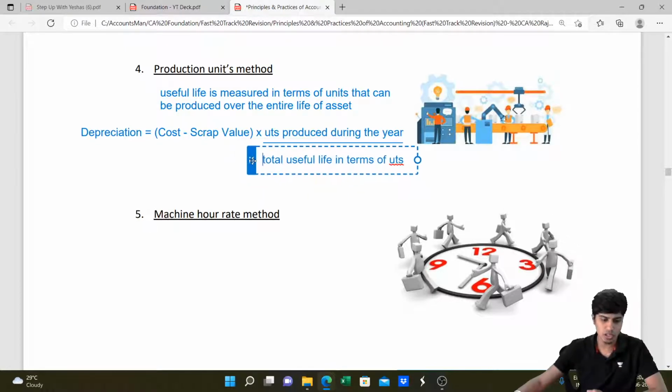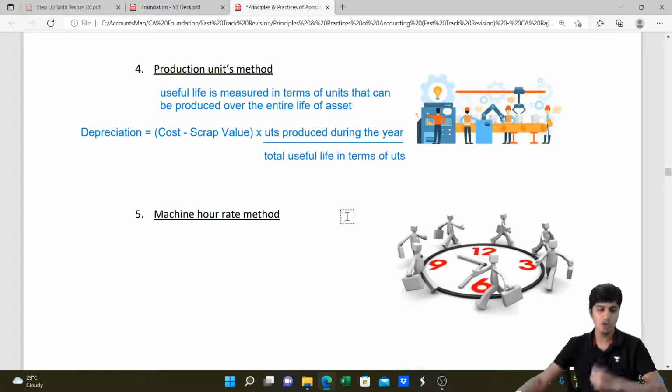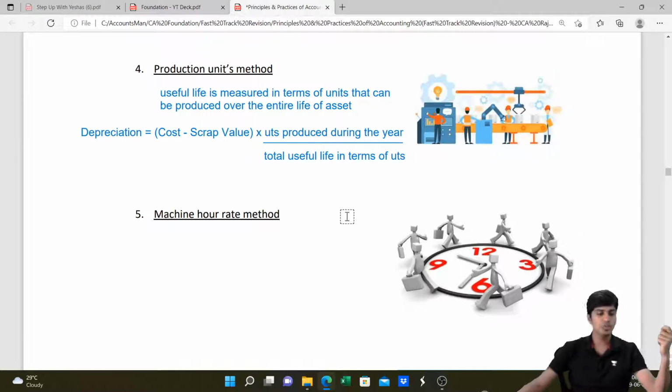If we define the total useful life of the asset in terms of units, how many units do we get? For instance, assume that the total useful life is 1 lakh units, and during the current year we produced only 10,000 units.